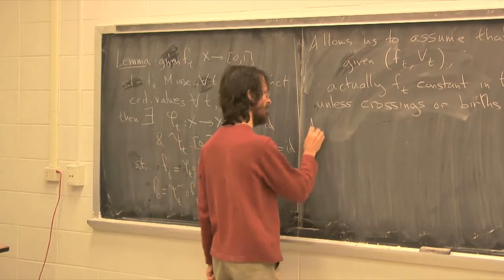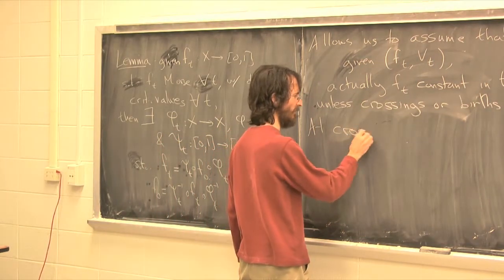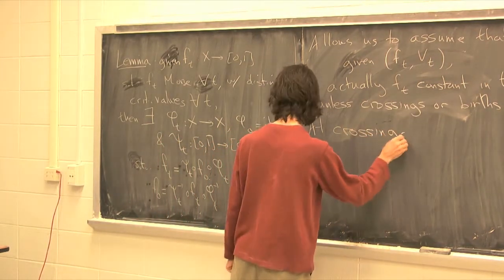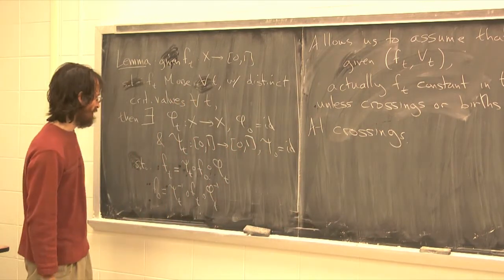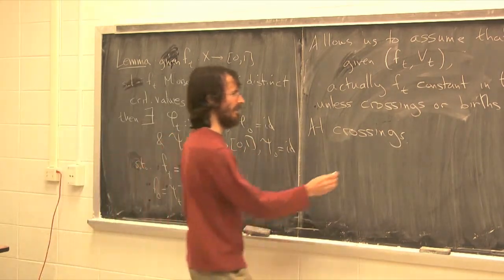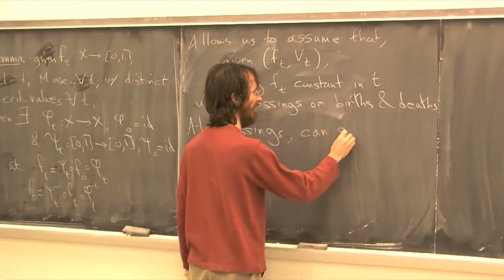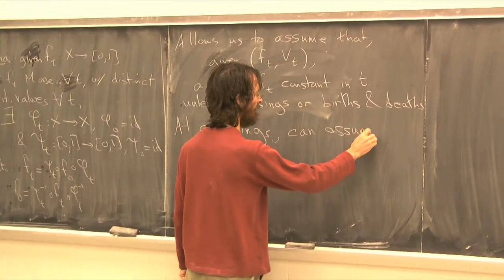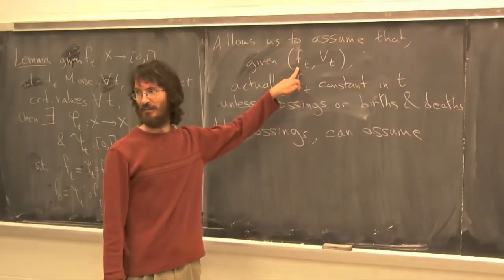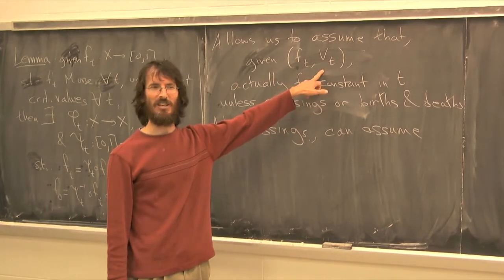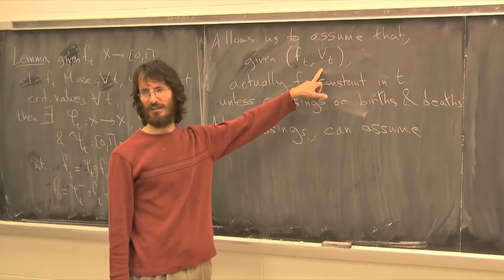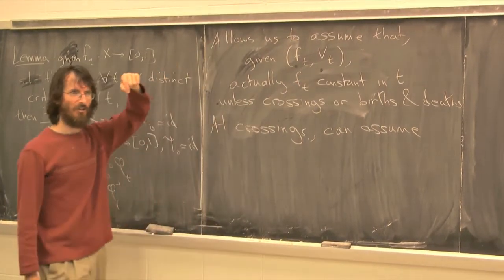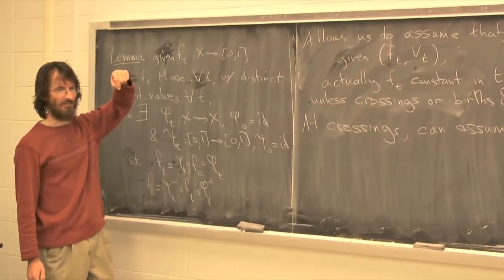So at crossings, crossings are critical values. What we can do is assume that F changes, but the vector field doesn't change. That's not quite right to say the vector field doesn't change, because the critical point moves.